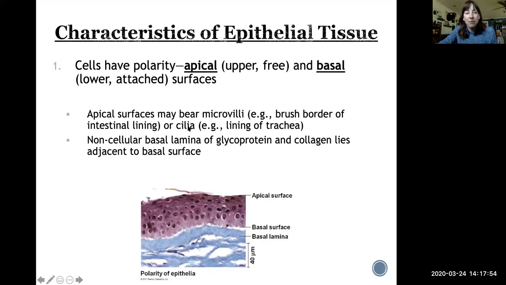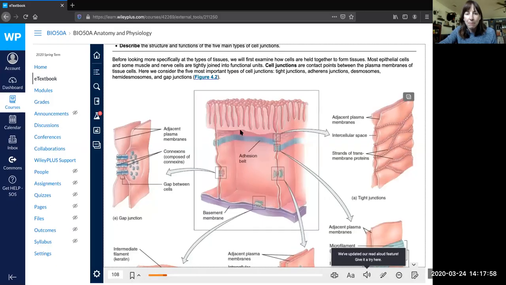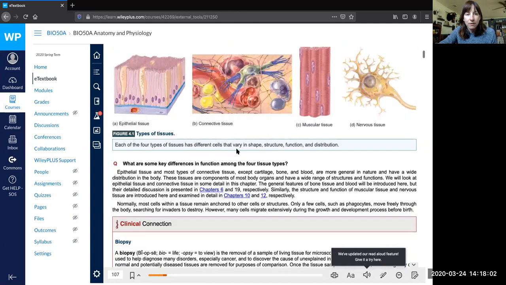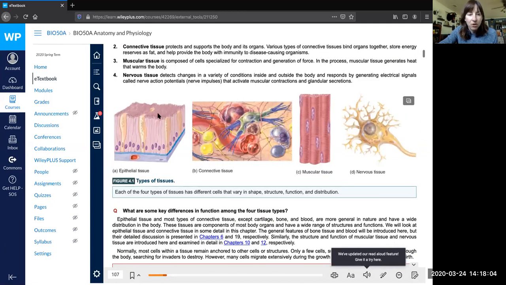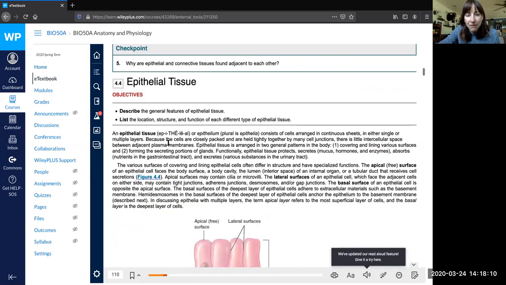And then other epithelial cells, similarly, this apical surface of the cell can also have cilia. So in this example, it looks like it could be microvilli, but it can also be cilia, which we have talked about.